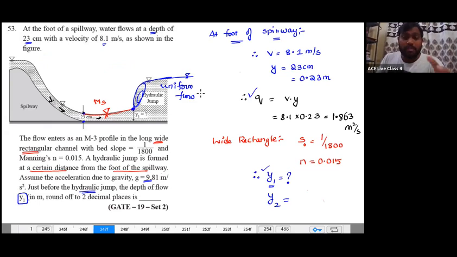Whenever the jump forms away from the foot of the spillway, mostly the downstream depth is going to be the normal depth, because once the hydraulic jump is done, is there anything over here? Please understand the point I want to say here.